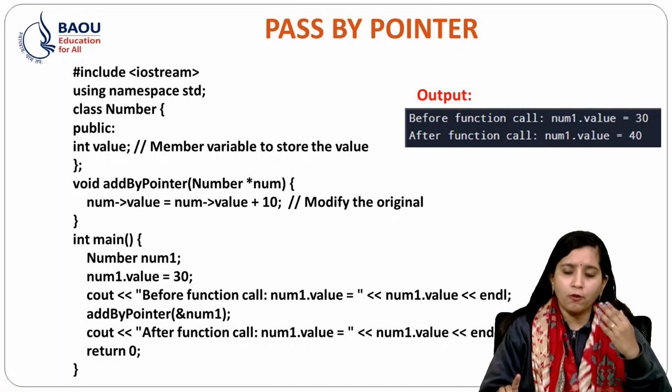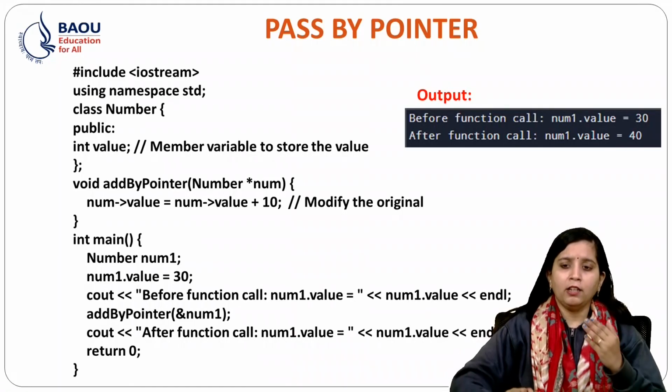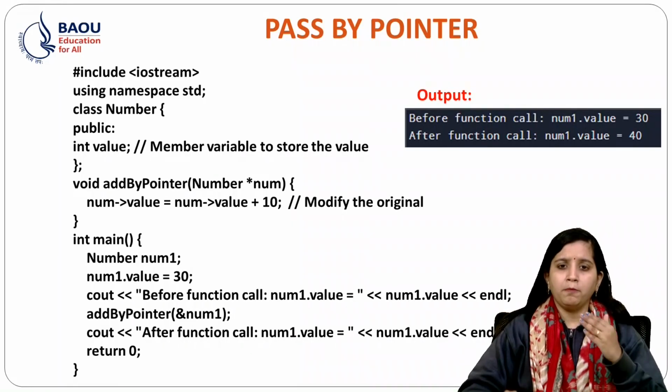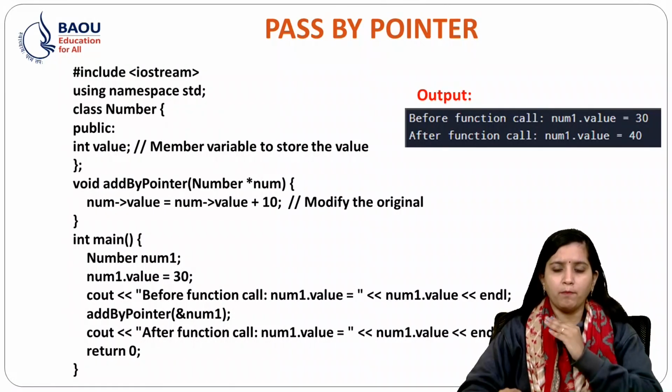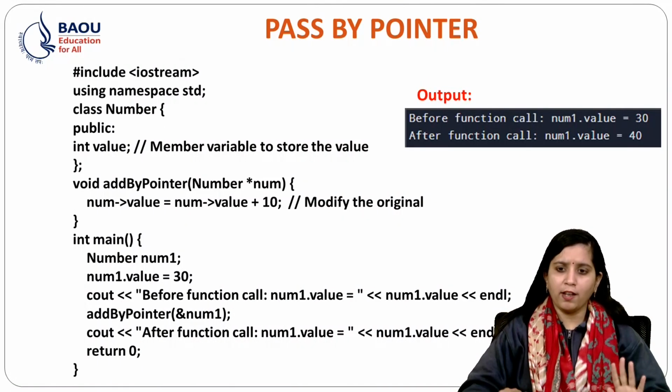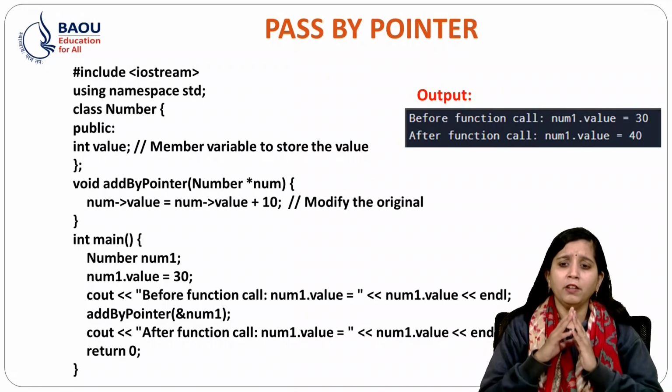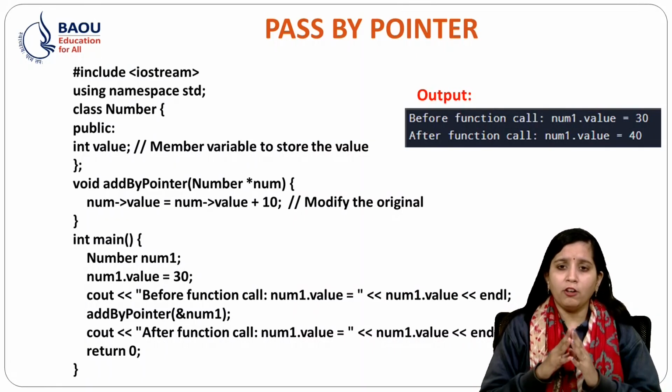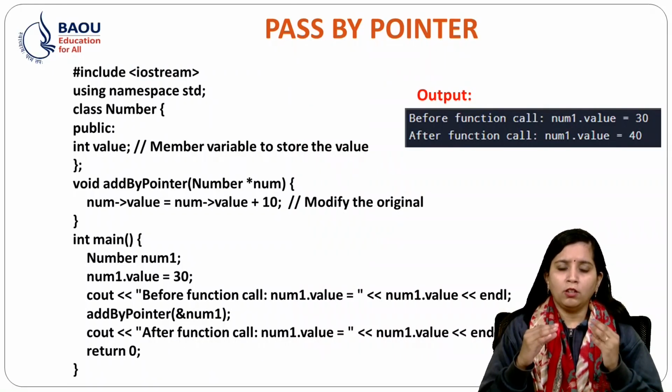So now I hope you get the idea and the difference between pass by value, pass by reference, and pass by pointer as our function arguments. This is a very important topic of this unit, so learn carefully.